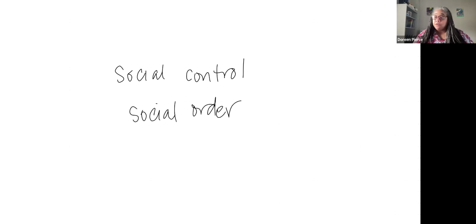Sometimes those sanctions are formal. If you do something that you're supposed to do that's positive in a formal way, then you will earn whatever that reward is. If you do something that is negative in a formal way, then you will earn what that punishment is. This is where we start to make the distinction between deviance and crime.